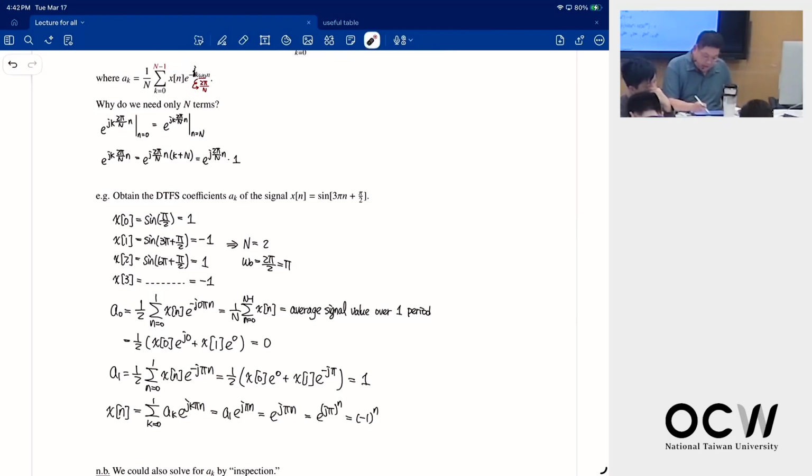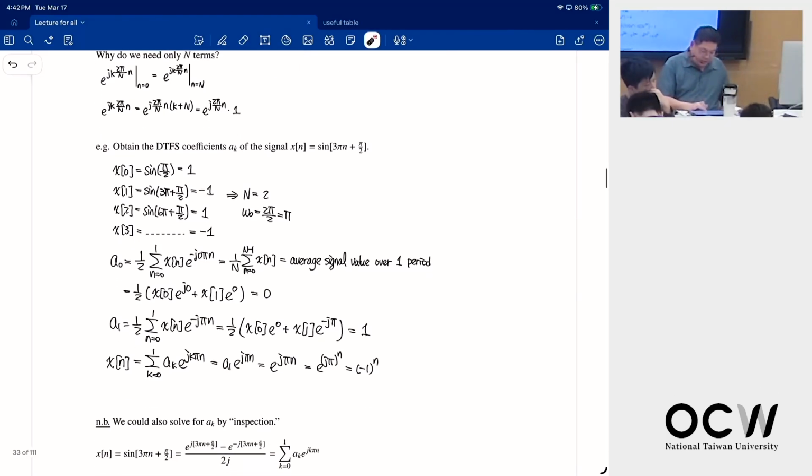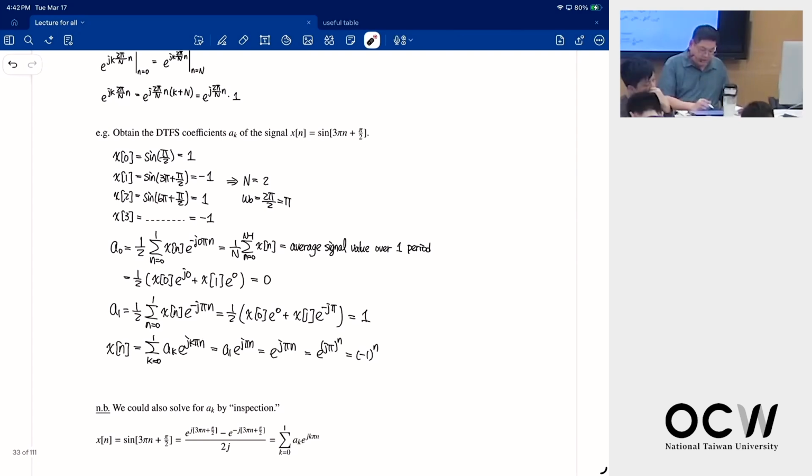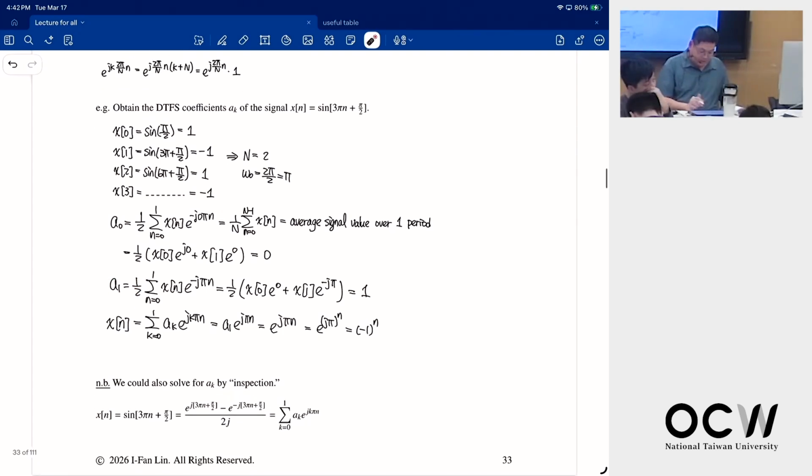Alright, so sometimes we can also solve these coefficients by inspection. Because this is a sine, we can express the sine using the Euler formula to get it.